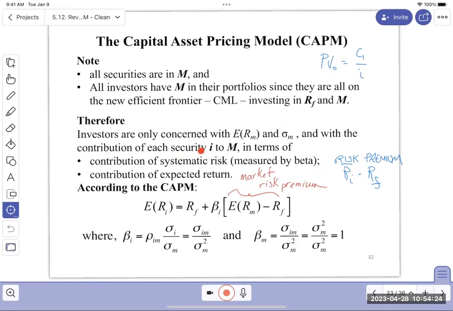By including this additional asset in the market portfolio, we're adding some risk as measured by the beta. And investors are concerned with the expected return. Okay, so we're going to use this formula. This is the capital asset pricing model.